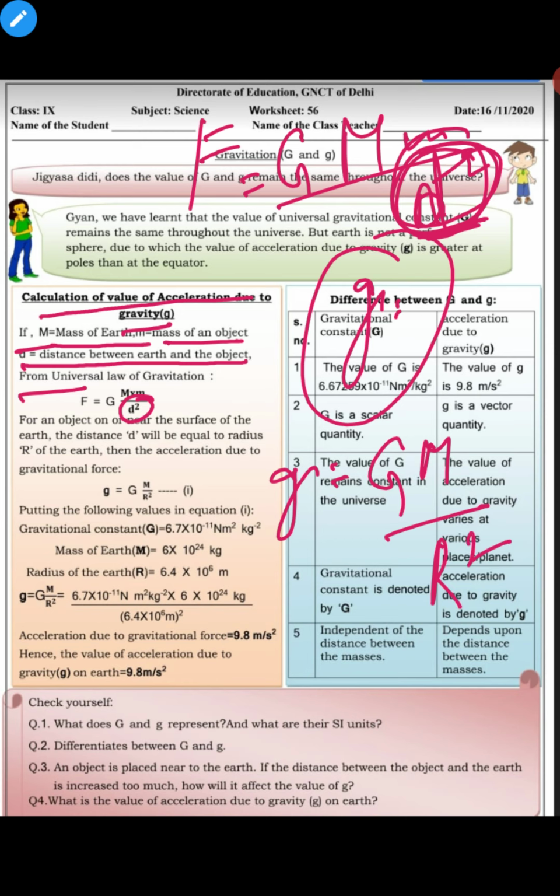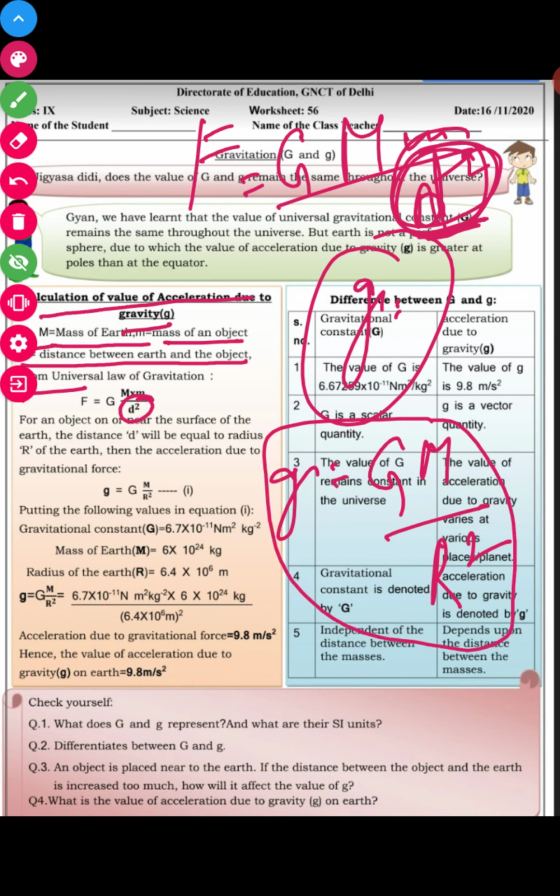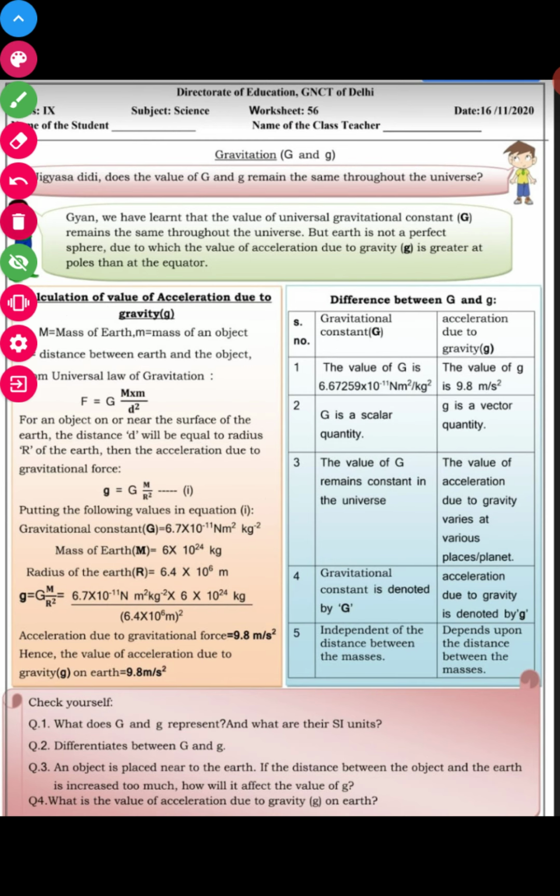Okay, then putting the values in this equation, we will get the value. I'll write for you, g is equal to G M upon R square.